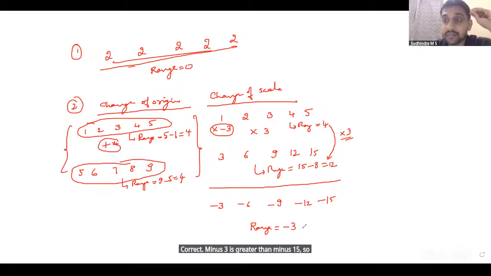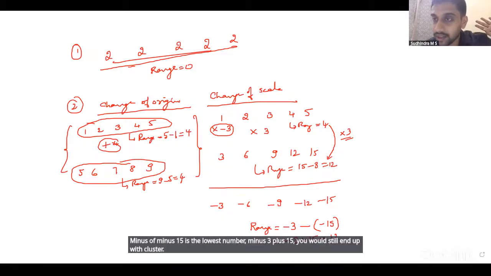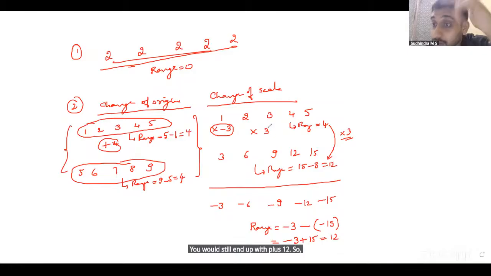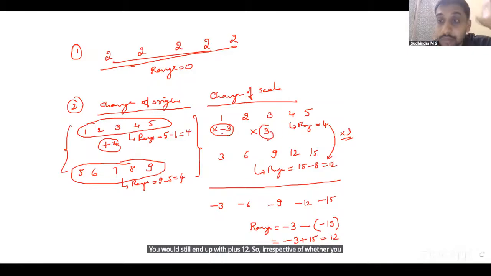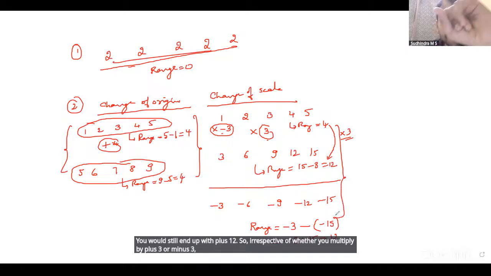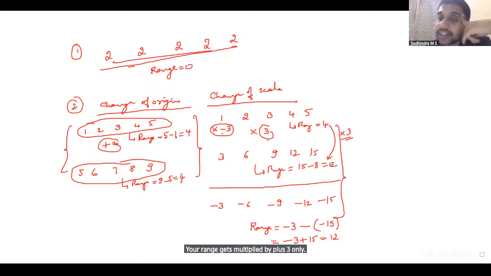Minus 15 is the lowest number. Minus 3 minus of minus 15 is plus 12. So irrespective of whether you multiply by plus 3 or minus 3, your range gets multiplied by plus 3 only. It gets affected by change of scale in the same proportion, but the sign will always be positive. Measures of dispersion can never be negative.